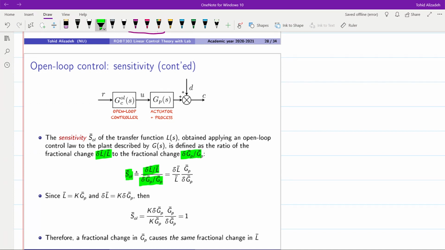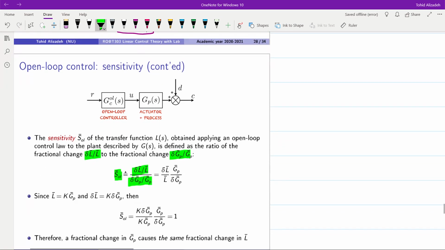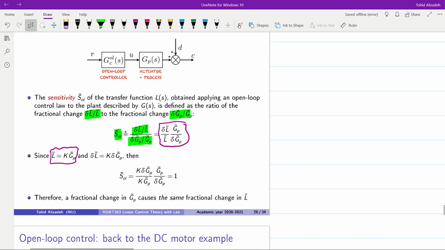If we now replace delta L bar with what we obtained here, K times delta GP bar, we will end up with delta L bar over L bar times GP bar over delta GP bar. And for L bar, we also have the expression K times GP bar. Therefore, we will get open loop sensitivity for this system being equal to 1.